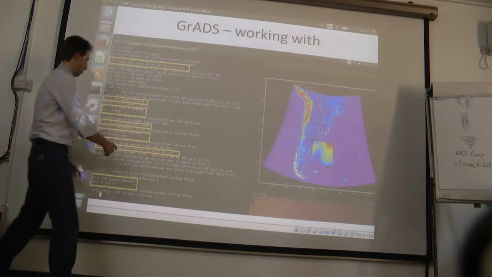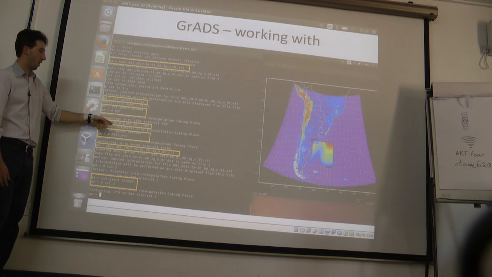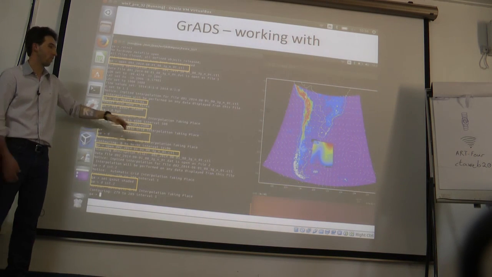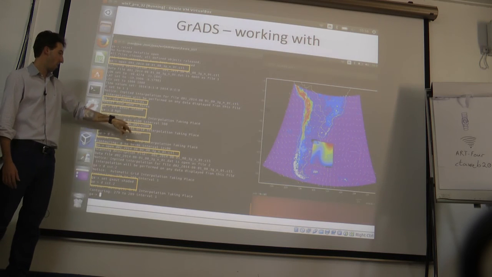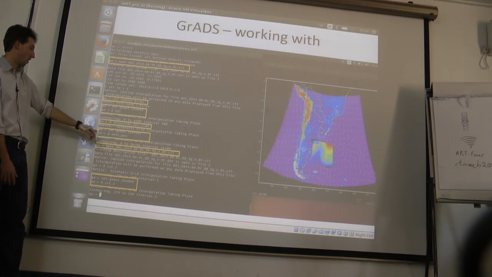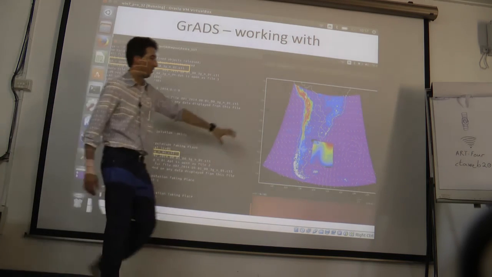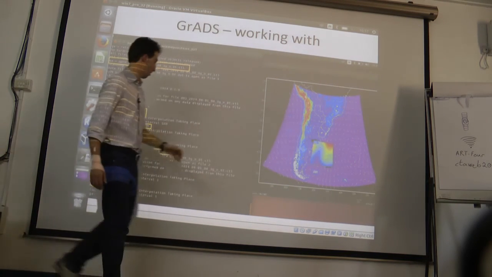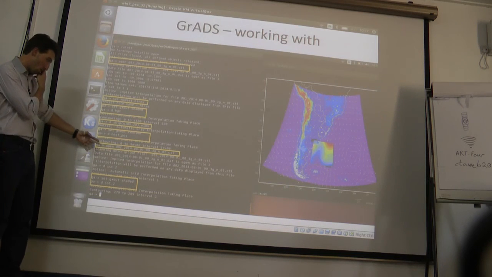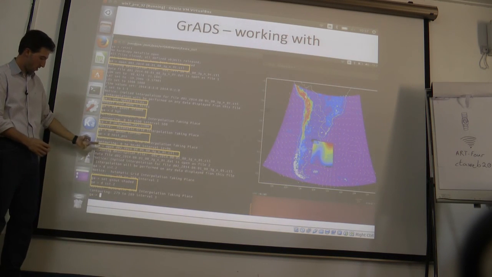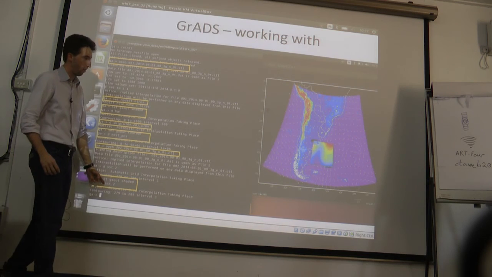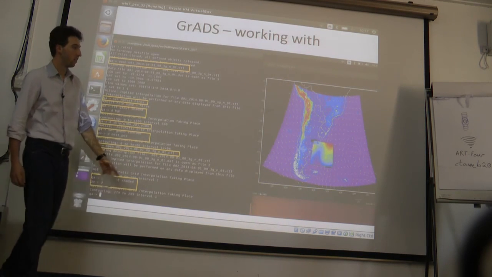You just display, skip 20, otherwise it would be a mess, and U and V. And then display the nest position, and then open a second file and display the SST.